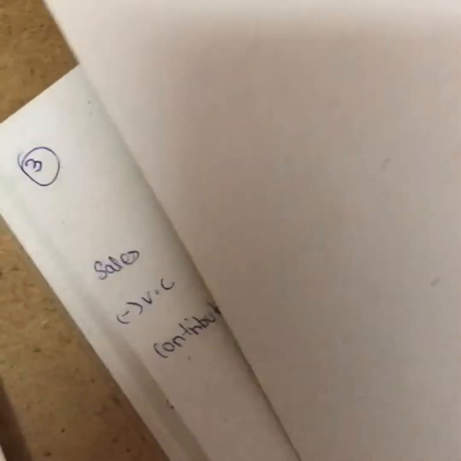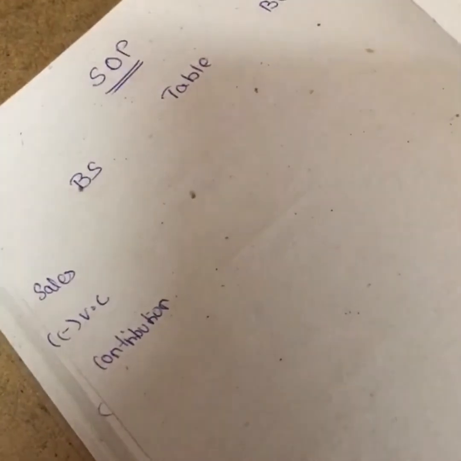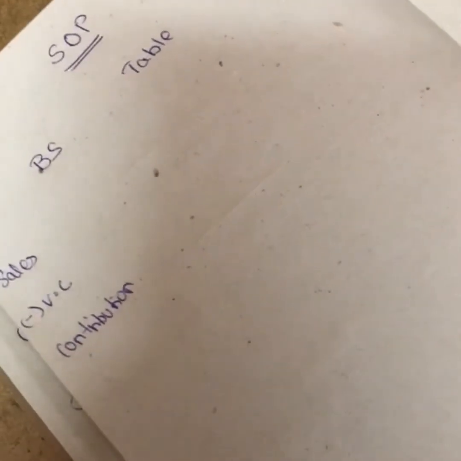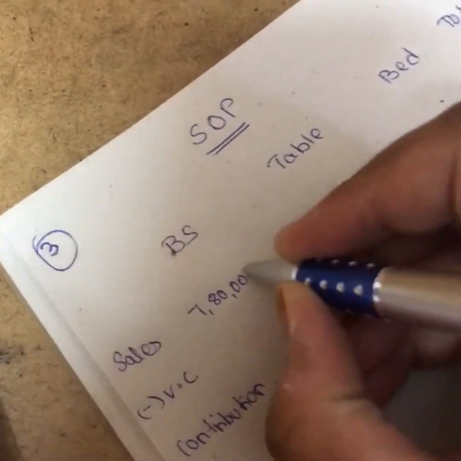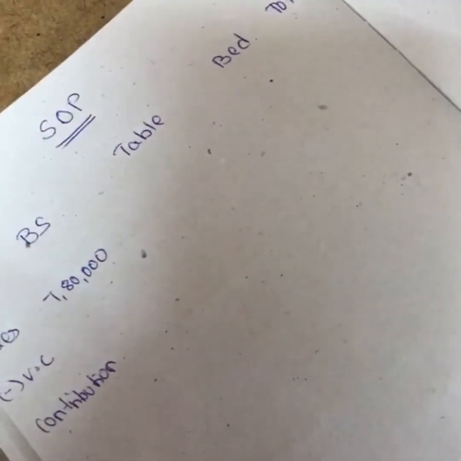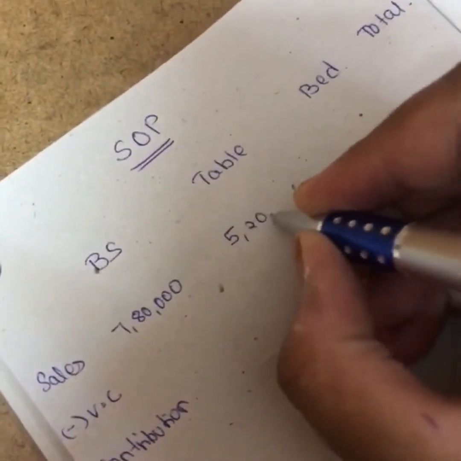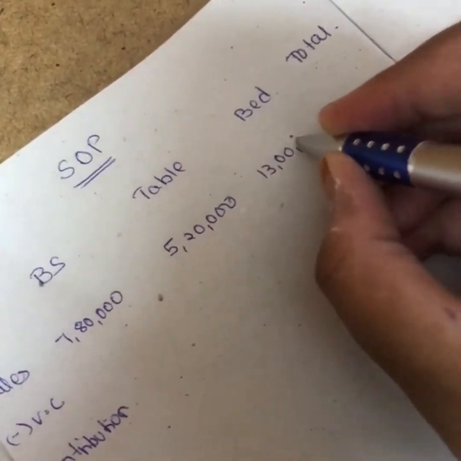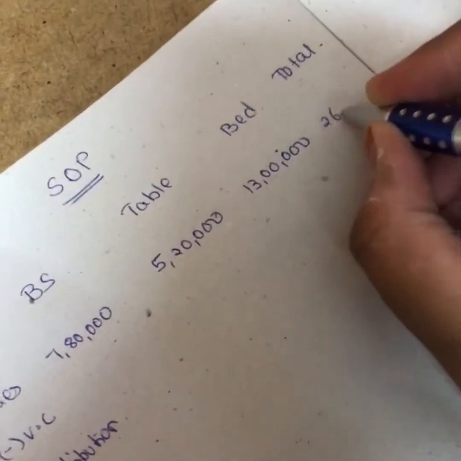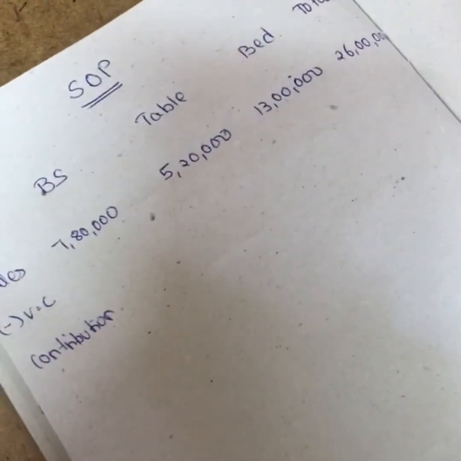So we will calculate sales now. 26 lakhs into 30%, you get 7,80,000. Then 26 lakhs into 20%, we get 5,20,000, and for 50% it is 13 lakhs. So total it is 26 lakhs.